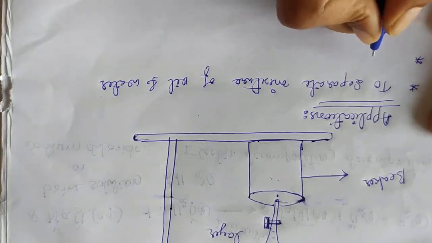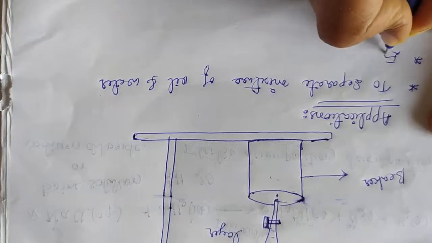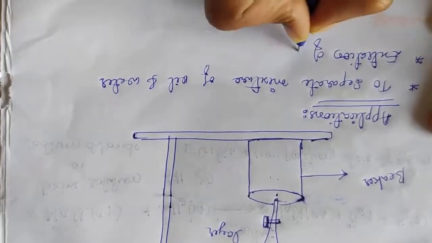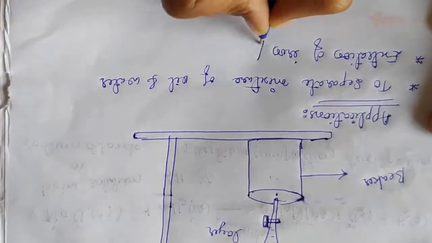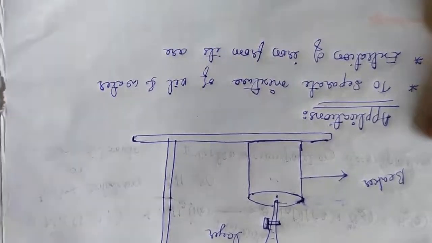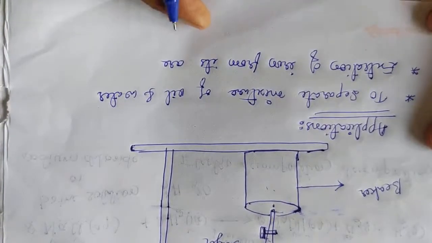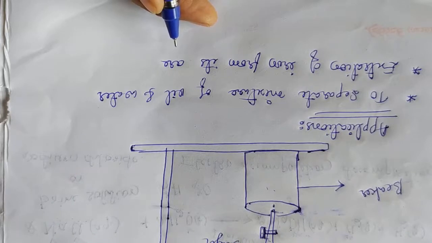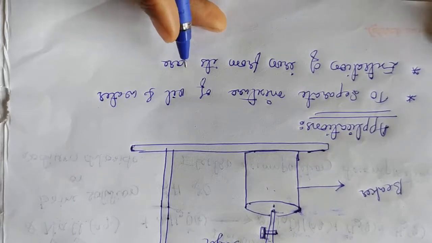One more use is in the extraction of iron from its ore. Metallurgy is the branch which deals with the extraction of metals from their ores.